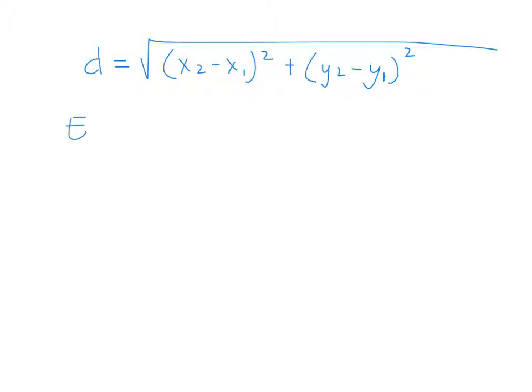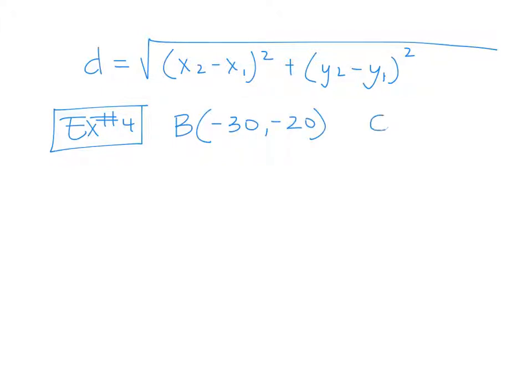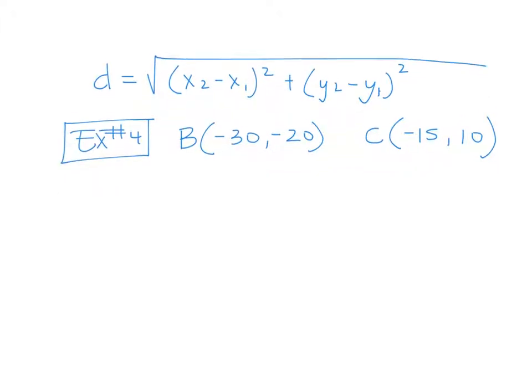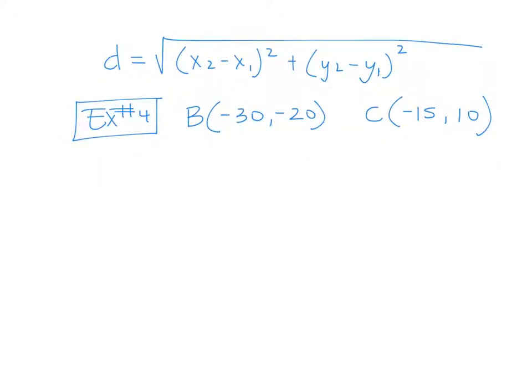Let's say for this example, our numbers are B, which is the point negative 30, negative 20, and C, which is negative 15, positive 10. Okay, so we have 2 points. We want to know the distance between them. What did I say you should always do first?